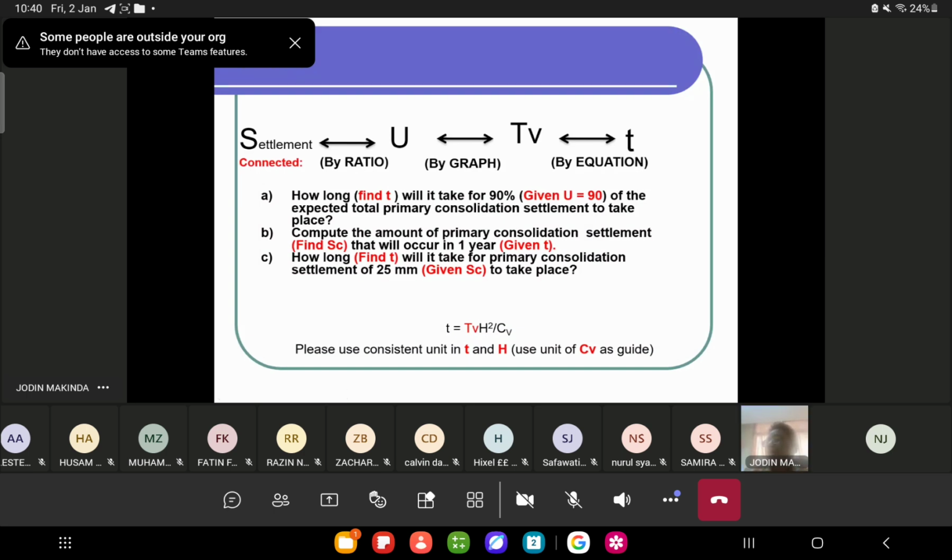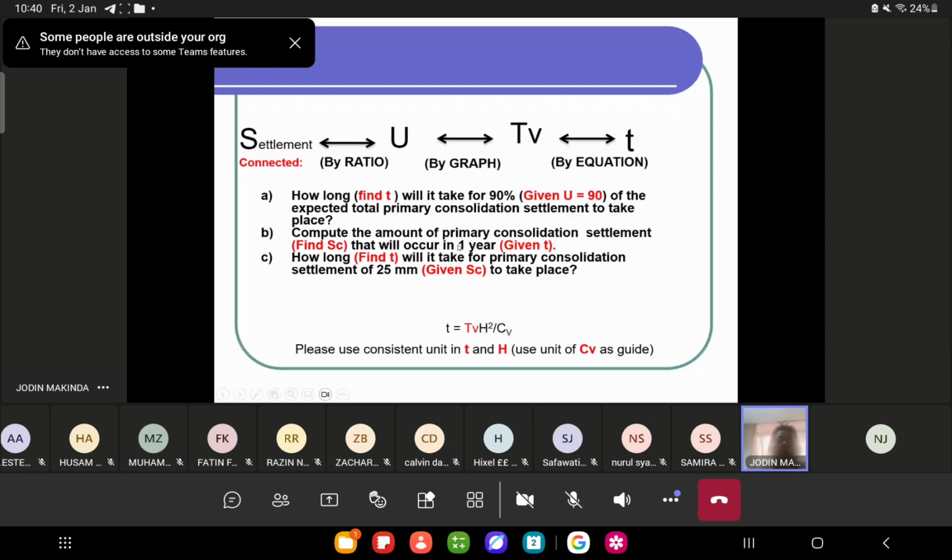Okay. So these 3 questions can be solved easily using this flow equation. How long? It means find T when U is 90, when U is given. So use U to find TV, use TV to find T. And then the second one, compute the primary consolidation settlement.